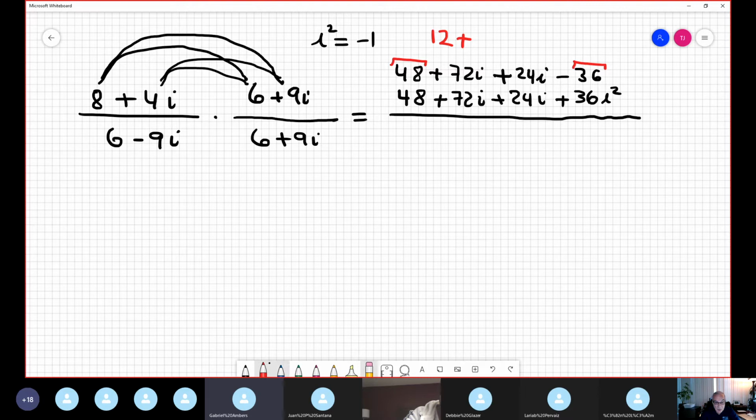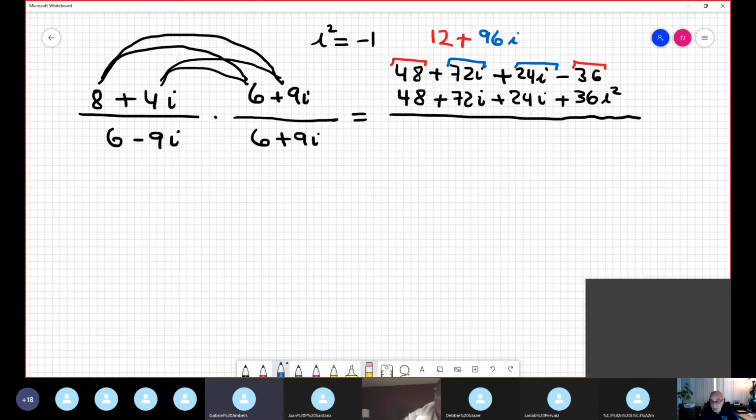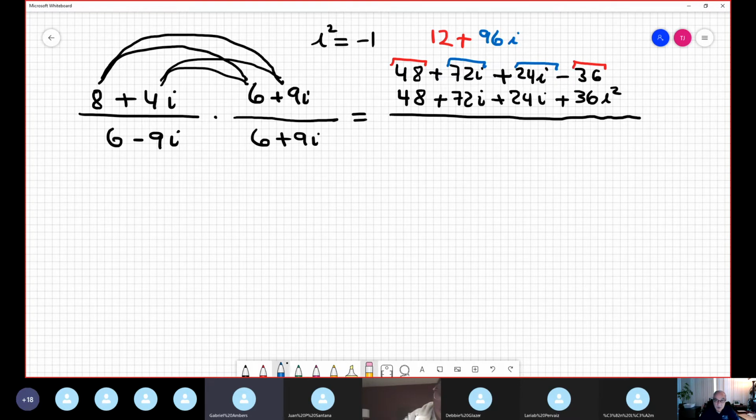And the imaginary part is this and this, 96i, no? Okay, I did that. The top part is 12 plus 96i.